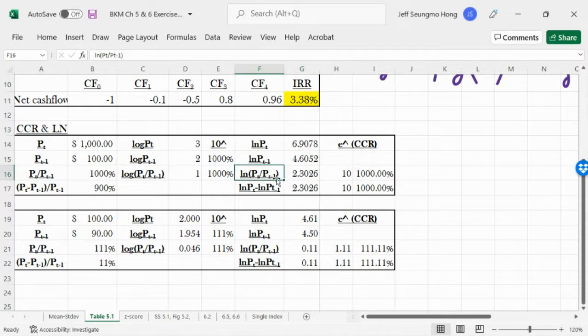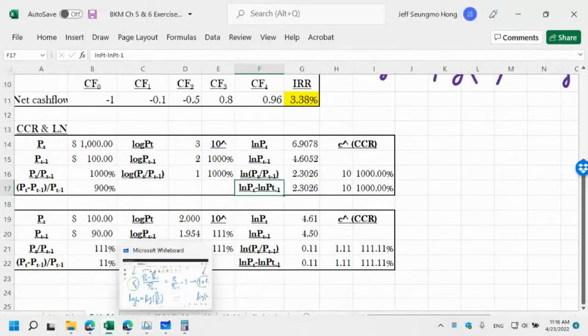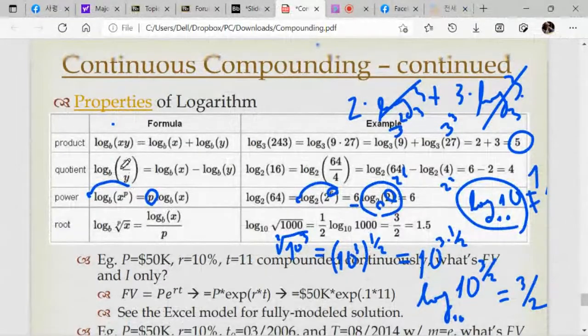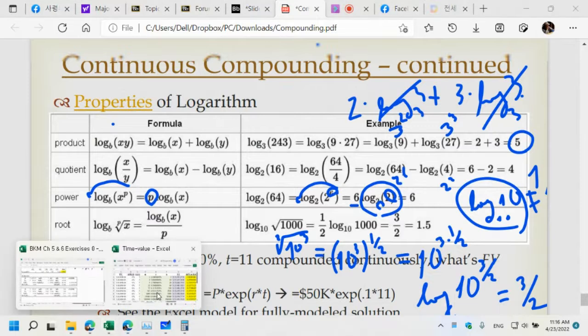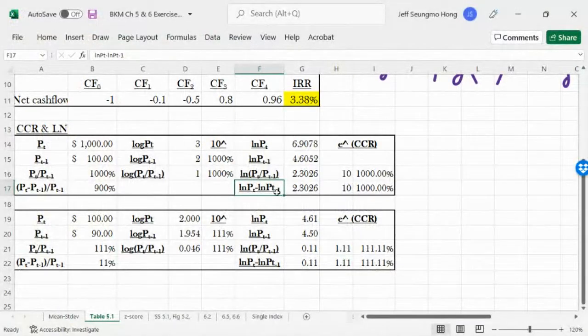If you take the return, it's going to be the log of the gross return, and it will come to 2.3. But you remember the quotient rule? The log of x over y can be rewritten as log of x minus log of y. You can do the same thing here. It's the same thing as this; you get the same result.